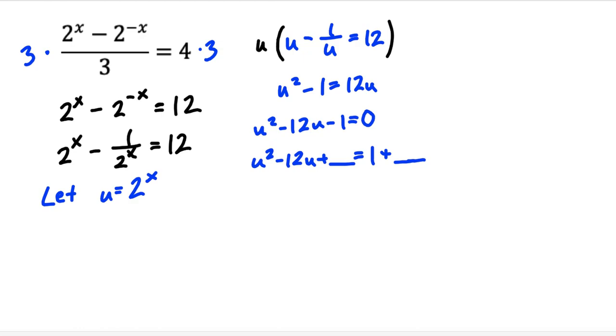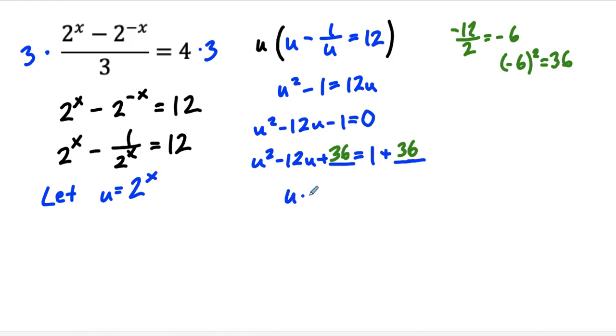A quick review to find this number: if you want to complete the square, half of 12 is negative 6. Negative 6 squared is going to give me 36. And so that's how I know 36 is my number. So I'm going to put that in.